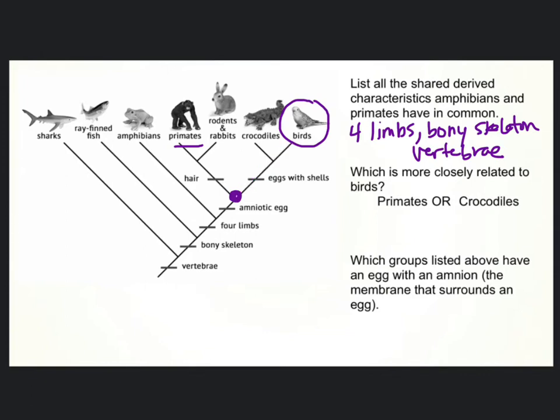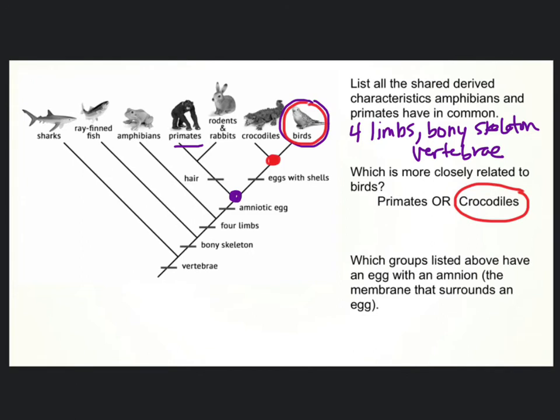Now, here's birds, and here's crocodiles. And where did they last have a common ancestor? Right there. So birds and crocodiles are much more closely related because they had a more recent common ancestor.